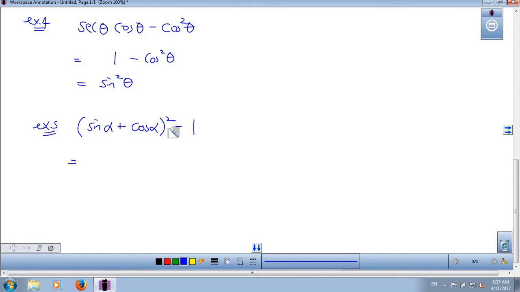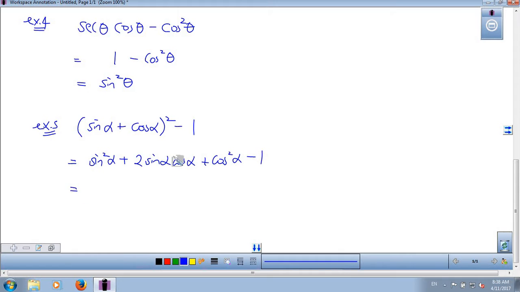Sine alpha plus cosine alpha squared minus 1. So what would this become? Well, we have to go ahead and open this up. We use the distributive property to expand this expression. So this becomes sine squared alpha plus 2 sine alpha cosine alpha plus cosine squared alpha minus 1.